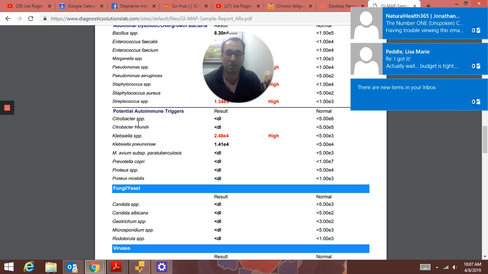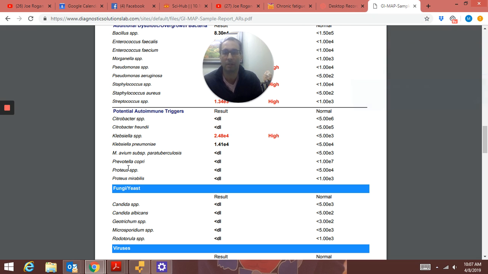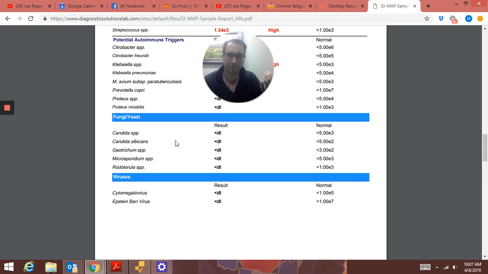Citrobacter is another big one. And the one I find most frequently with people who have rheumatic issues, rheumatoid arthritis, and that kind of thing is Prevotella. Prevotella is also linked with Crohn's. So those are a couple of big triggers we want to get rid of.